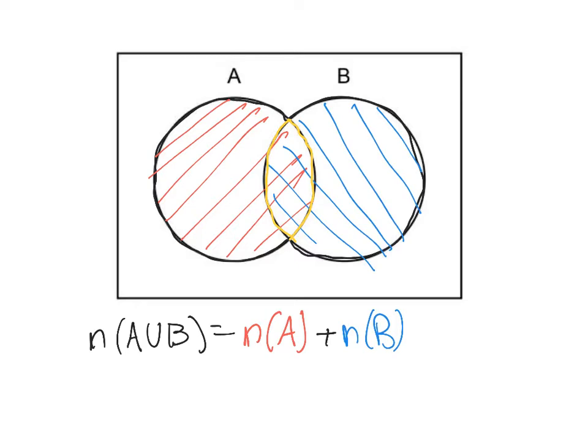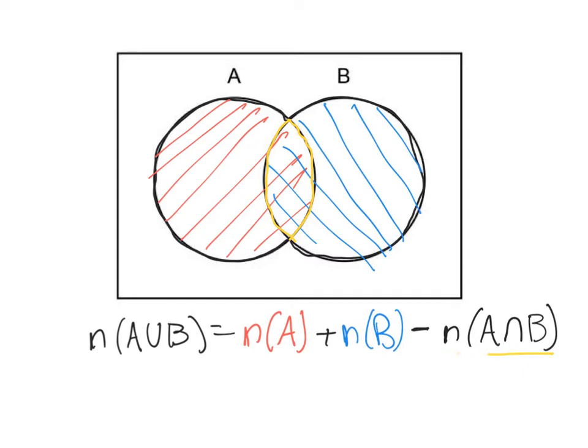So we counted it once for set A, and we counted it once for set B. Since it's been counted twice, we need to subtract what that intersection is. Well, what is the intersection? This is the number of elements that is in set A and set B.